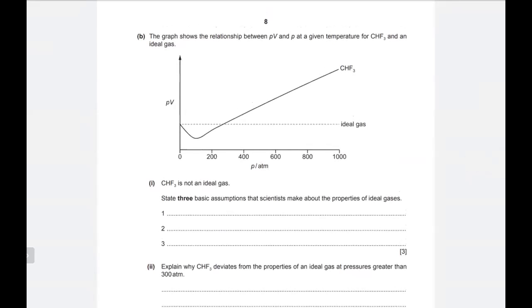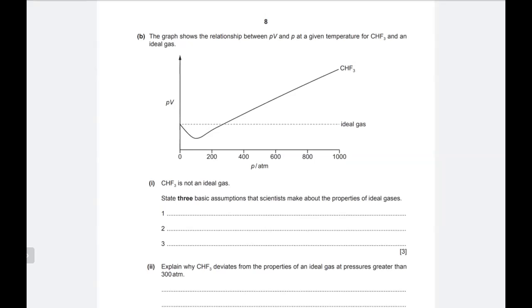Number two, all collisions are totally elastic. Number three, gas particles are point masses. We think ideal gas particles are point masses.